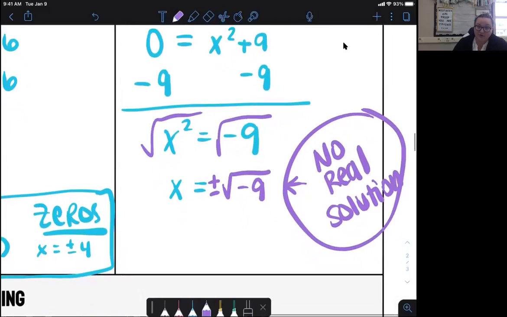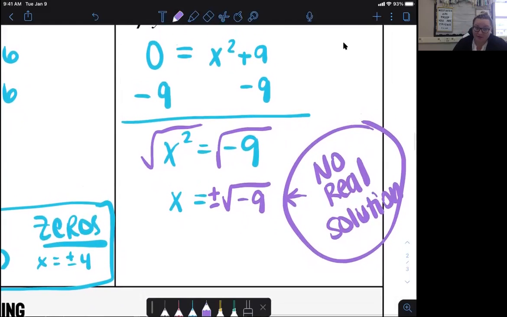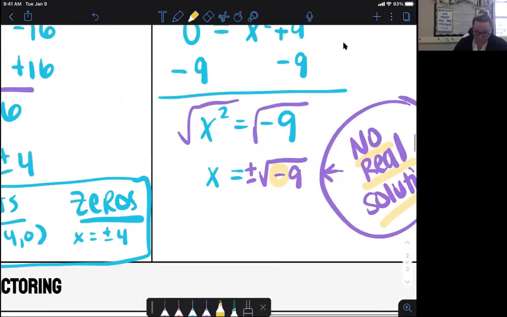Our x values, or our x-intercepts, will end up being on the imaginary coordinate plane. And we're going to go into imaginary solutions more in depth, like I said, in Unit 4. So for now, you're just going to have to trust me. When you end up with a negative under your radical, you have no real solution.